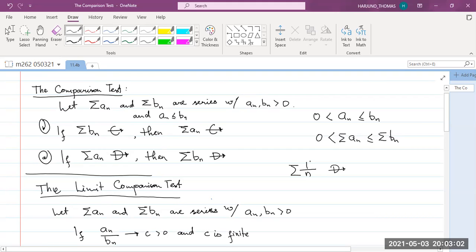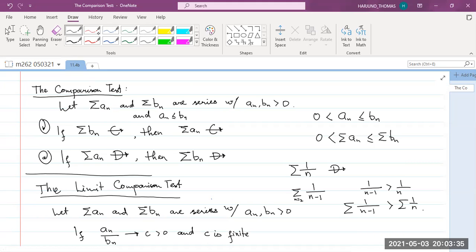Now, if we have the series of 1 over n minus 1, for example, with n starting from 2, you may argue that 1 over n minus 1 is greater than 1 over n, and therefore this series is divergent. Does it make sense? You can just use the comparison test.